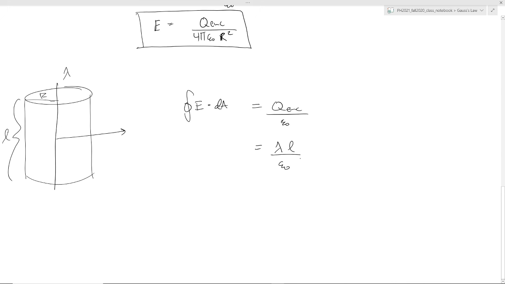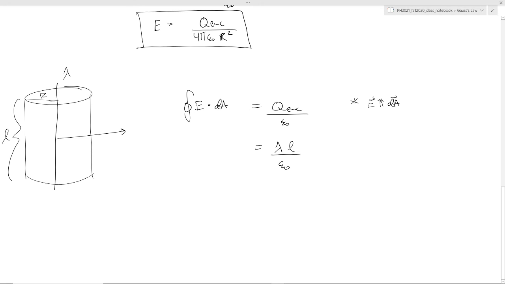Okay. Now, E dot dA, the only part of this that's going to contribute, or I should say a couple things. Just like with the sphere, since E and dA are pointed in the same direction, they're parallel, it means that the dot product is just going to become E dA.